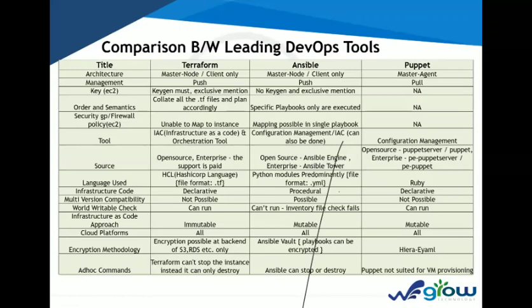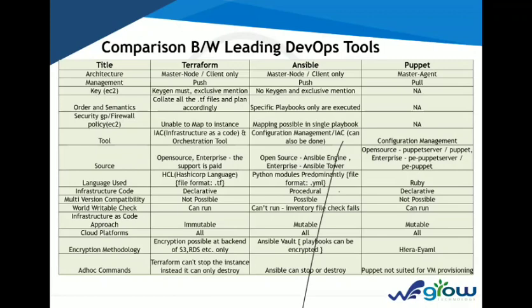Terraform here actually uses master node architecture. So what do you mean by master node architecture, and what do you mean by master agent architecture? There are two differences. Master node architecture is nothing but we don't have any kind of agent to be installed in the client nodes.